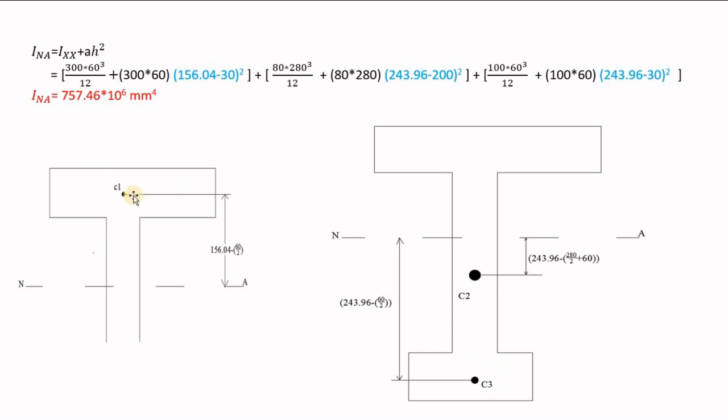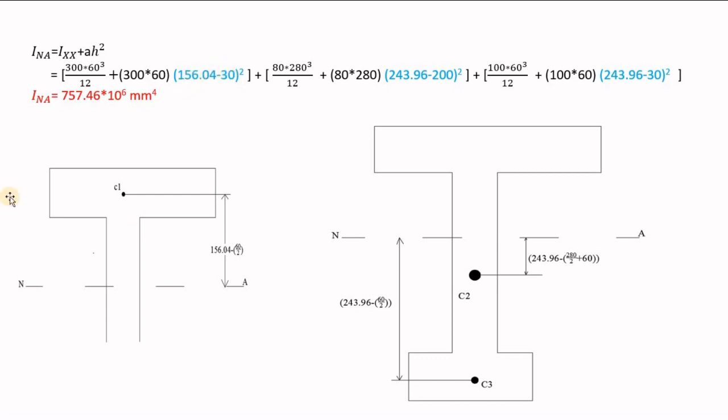So for C1, the first element, the moment of inertia for this rectangular section is BD cube by 12, that is B is the width 300, depth is 60, cube by 12, plus the area 300 into 60 into h square. This h value is very important, so check these values which I have highlighted in blue color.